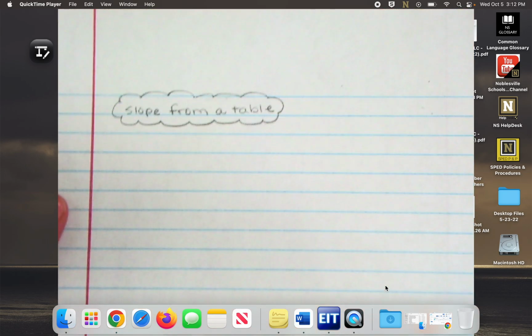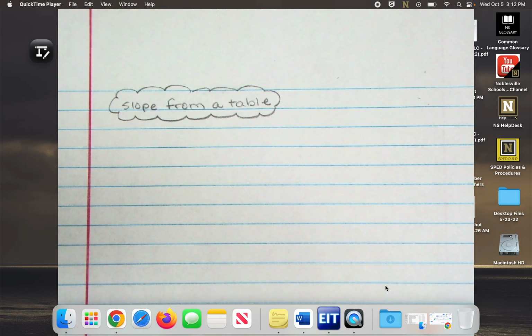Slope from a table. Wait, so this is on my second page now? Second page. Yep.